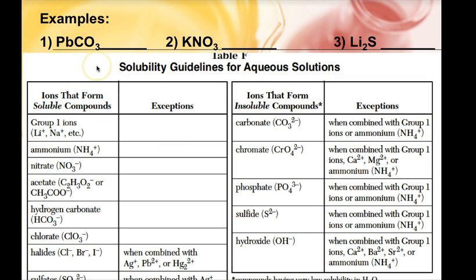So again, if you remember this reference table, as I said before, this is probably the most confusing reference table that you use in chemistry, because it's really split into two separate sections. So let's quickly run through this. These substances all here are all soluble in water.